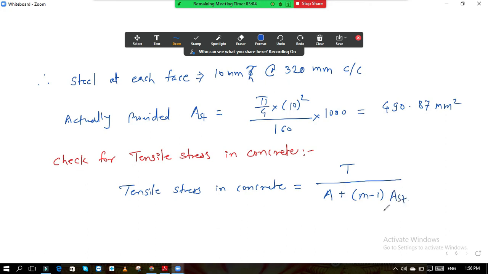This is the formula. So T upon A plus (m minus 1) into AST. So now here we will put all the values.